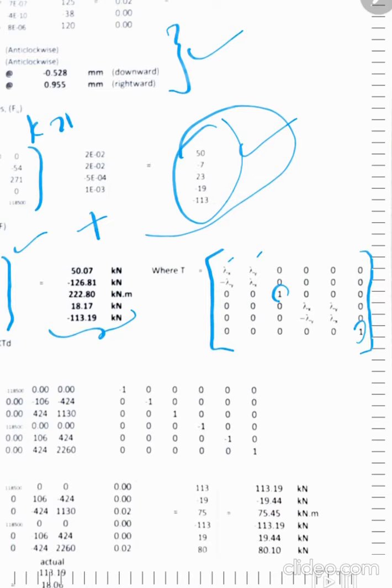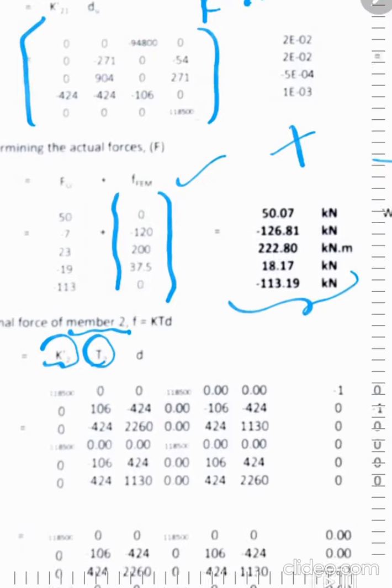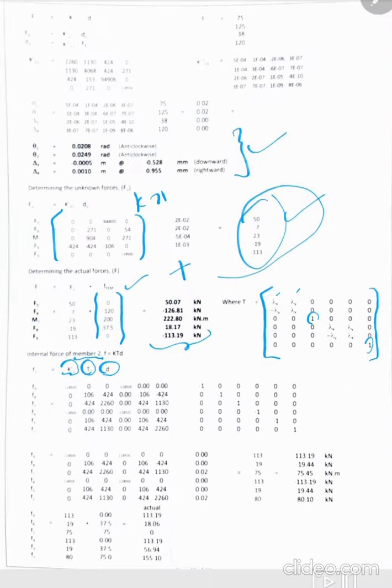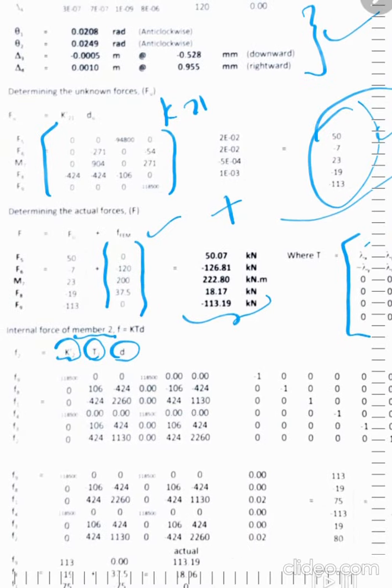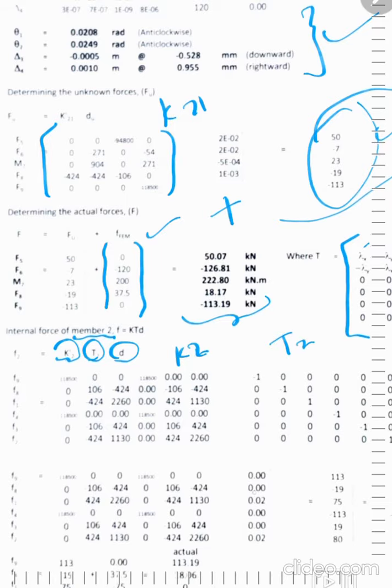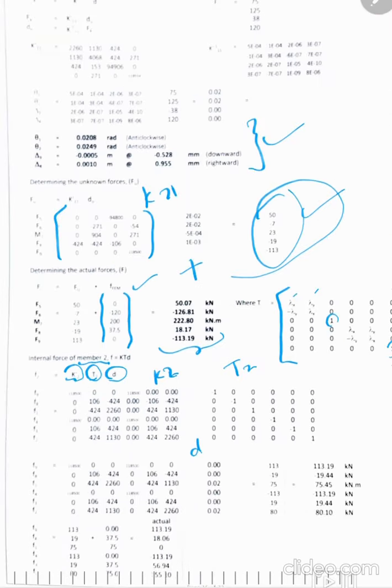And if you want member number 1, it is the same matrix, but just substitute their values and the displacement. So this one, the K2, this one the transformation matrix for member 2, and this one is D, the displacement matrix.